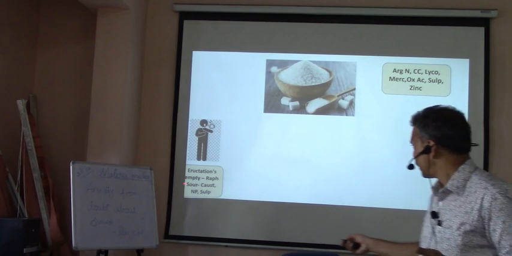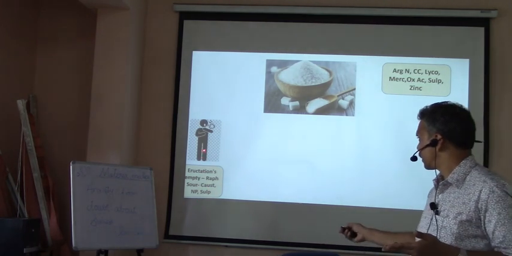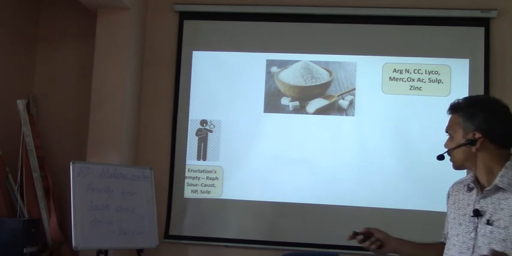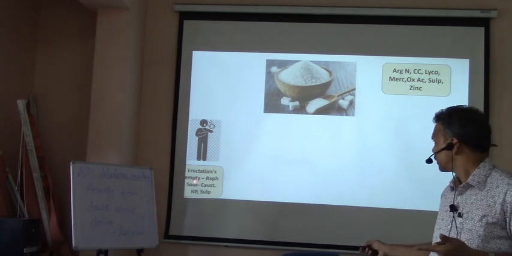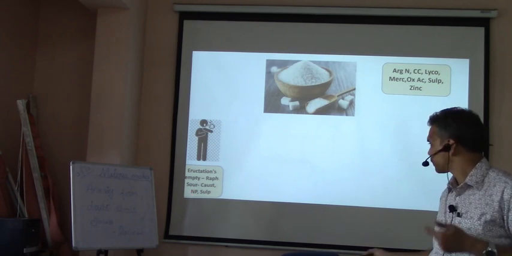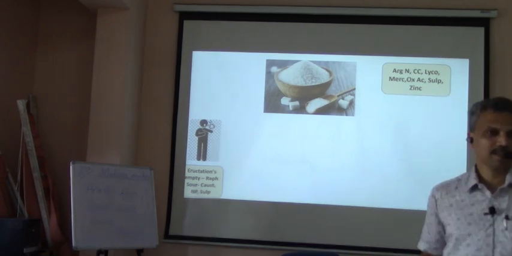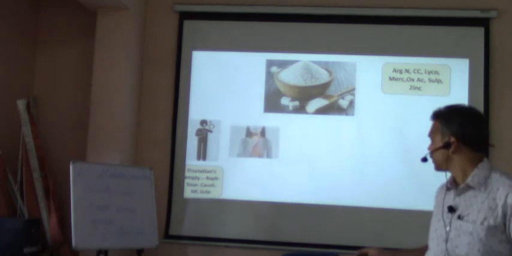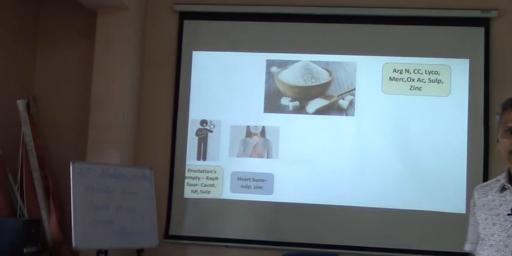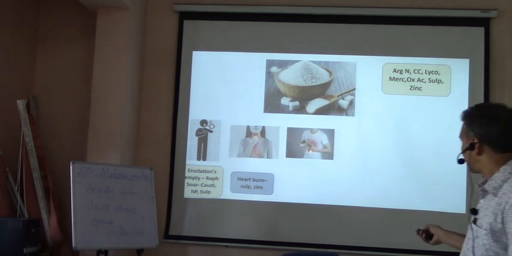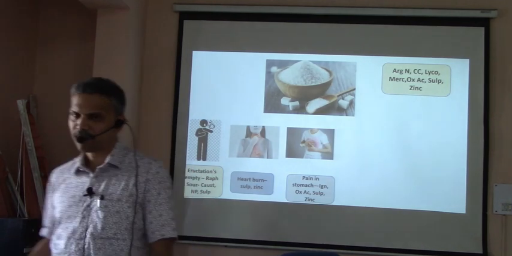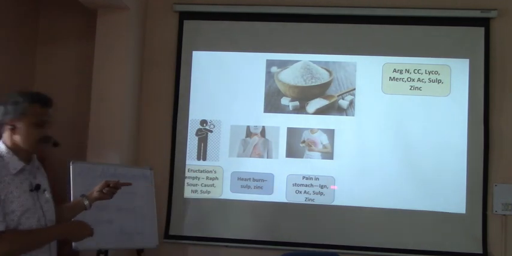Okay. So we'll go ahead and we'll look at the other things in Merc, ailments, sugar. This is what we are trying to focus on. Eructations, sour. Dr. Vijaykrishna was talking of natrum phos. You also have causticum and sulfur. Heartburn, okay, sulfur and zincum. And if you have pain in stomach, this is what Dr. Ambrish was talking of. You have ignatia here.